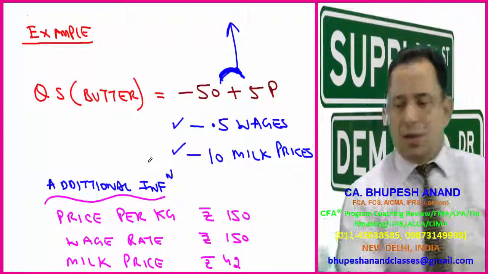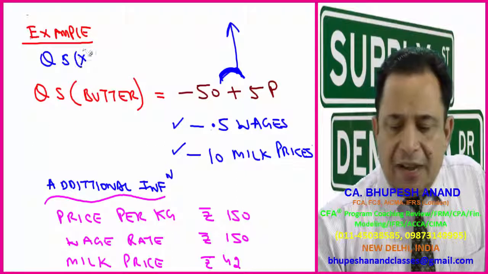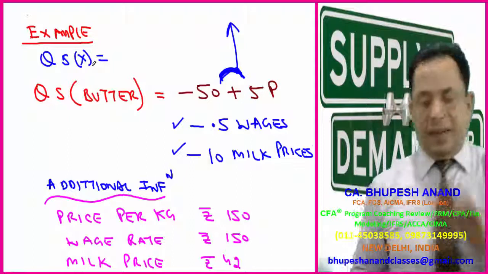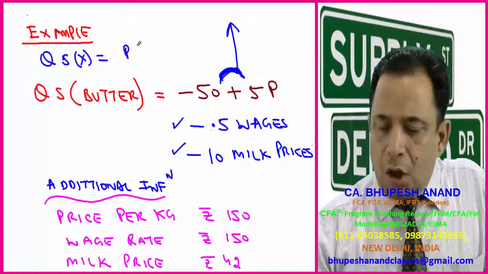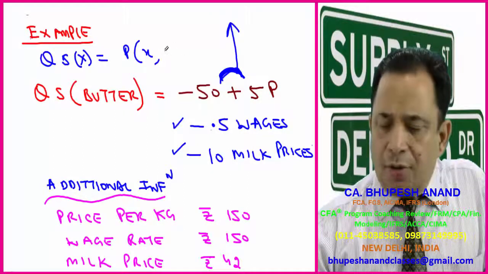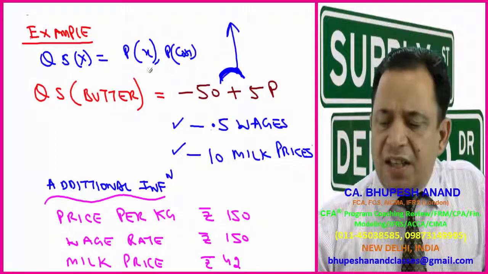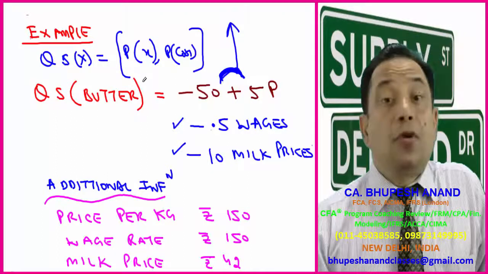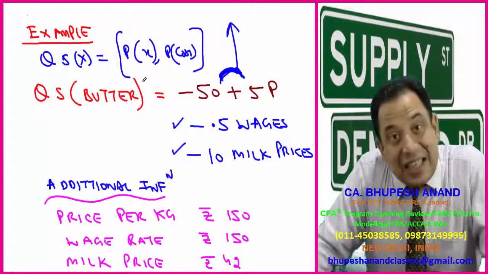So my point is, I can directly give the quantity supplied function, which is a function of the price of x and the price of cost of production factors. It is a function of two kinds of variables. One has a positive relationship, another has a negative relationship.